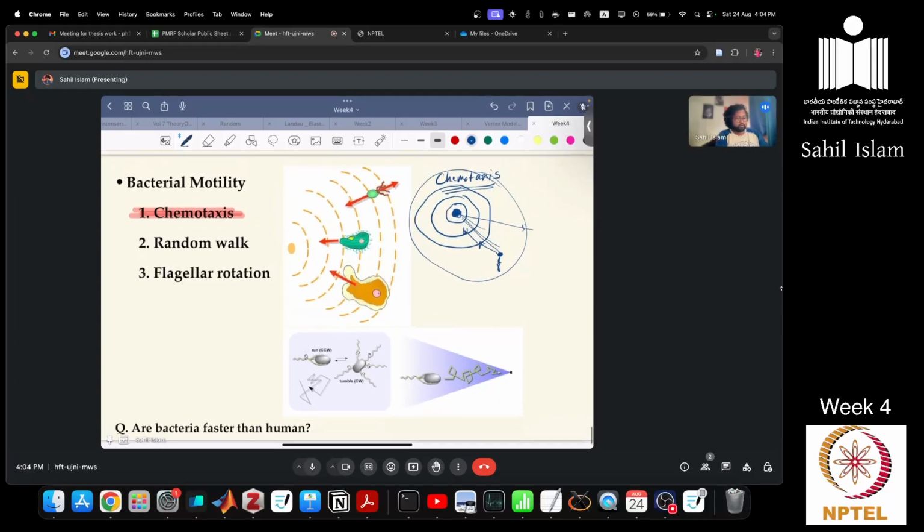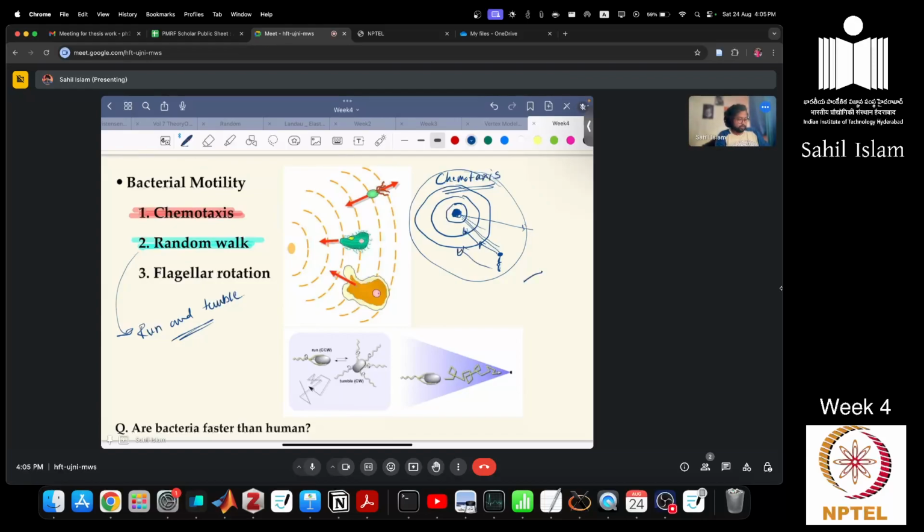Then there is random walk. What happens in random walk is some bacteria do a run and tumble motion. So this chemotaxis does not happen like a straight line motion.